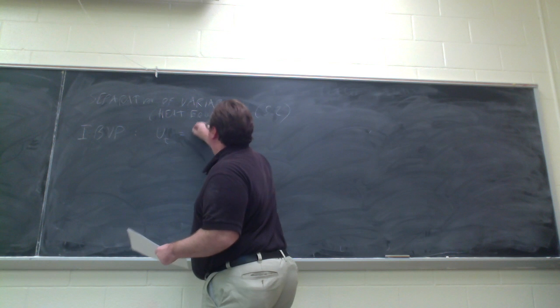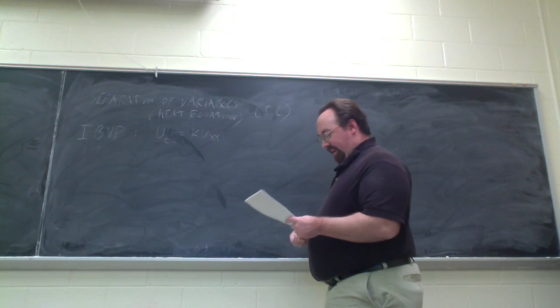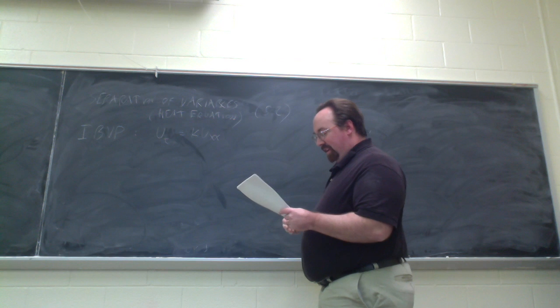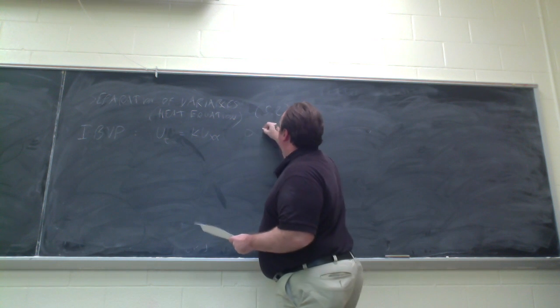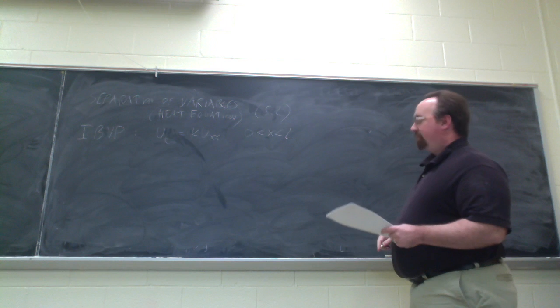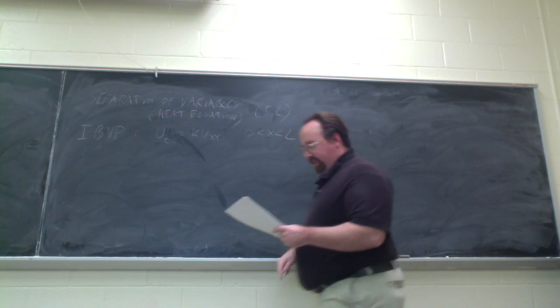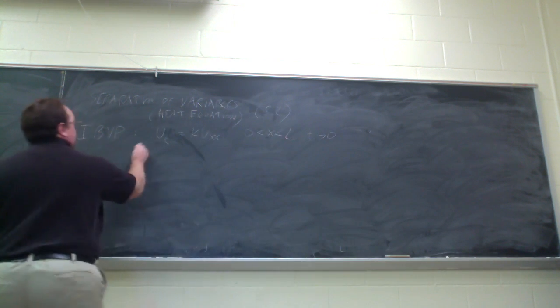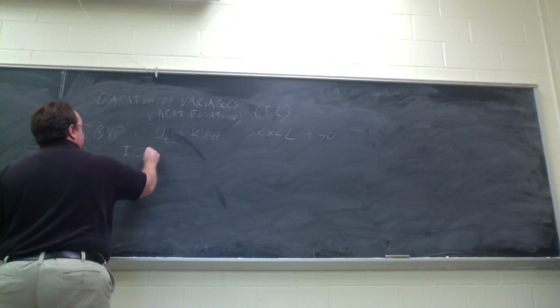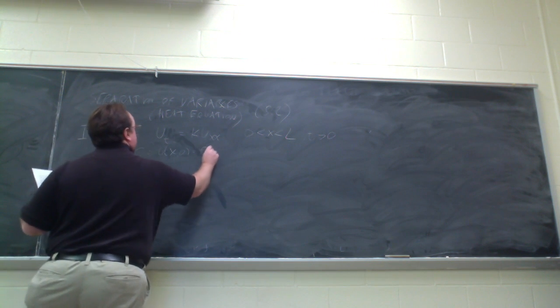So we have a heat equation with a constant coefficient k, and we're working on a bounded interval. So x is only between 0 and L, or whatever L is. And then we have our initial condition, u(x,0) is f(x).